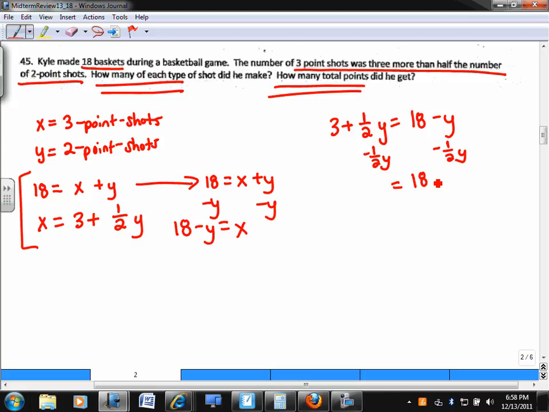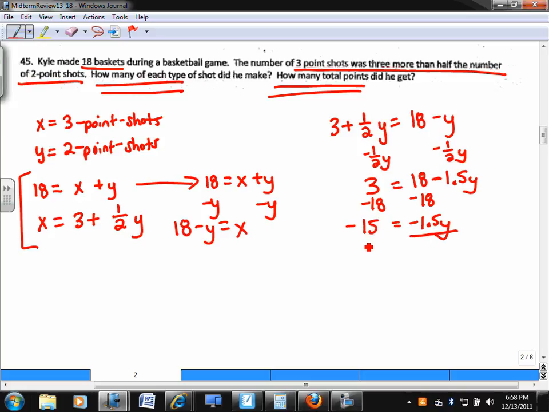I have 18 minus, well, I've got 1y minus 1/2 y, so that's 1.5 y. And then over here, I have 3. Now I need to get all my numbers on one side. So I'm going to subtract 18 from each side, which gives me negative 1.5y is equal to negative 15.